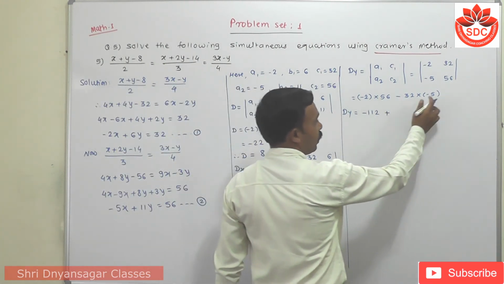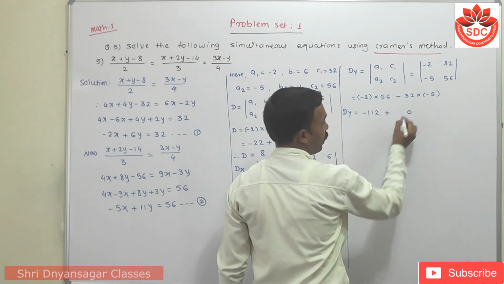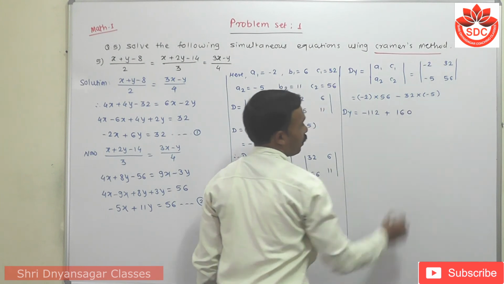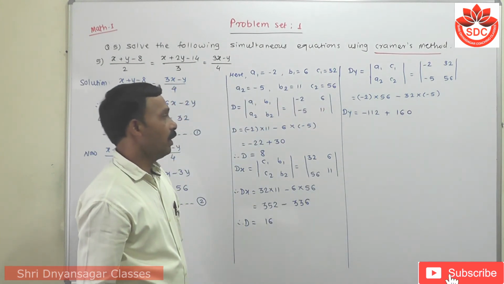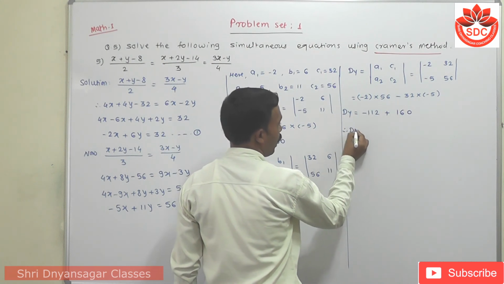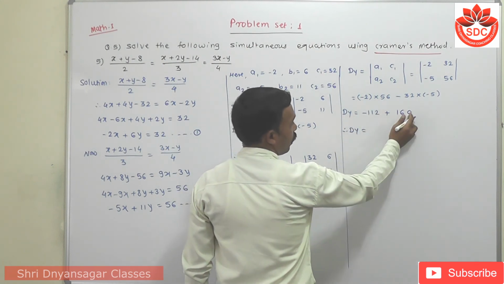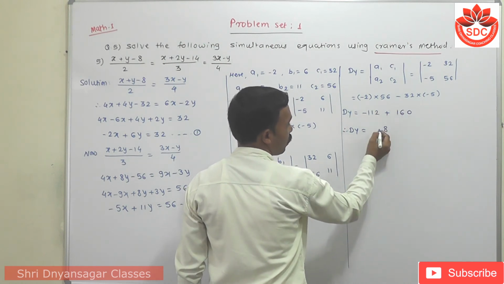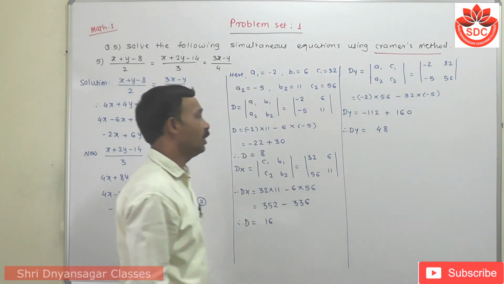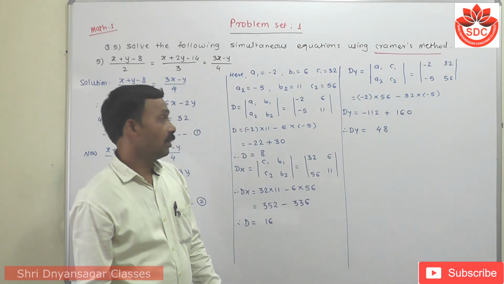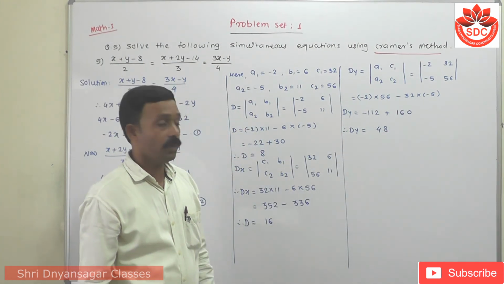Multiply 32 into 5: 5 2s are 10, carry 1, 5 3s are 15, 15 plus 1 is 16. Now we have to subtract this 112 from 160. Therefore Dy is equal to, now 10 minus 2 becomes 8, then 6 minus 1 is 5, 1 minus 1 is 0. The bigger number is 160, so the sign is plus. Dy is 48 having plus sign.